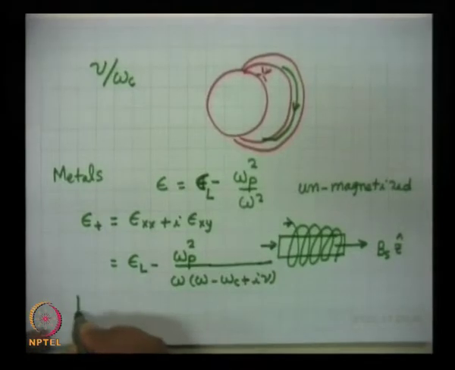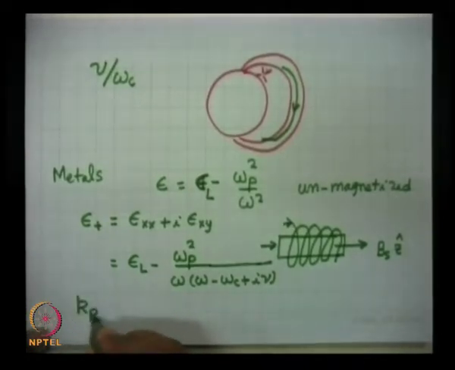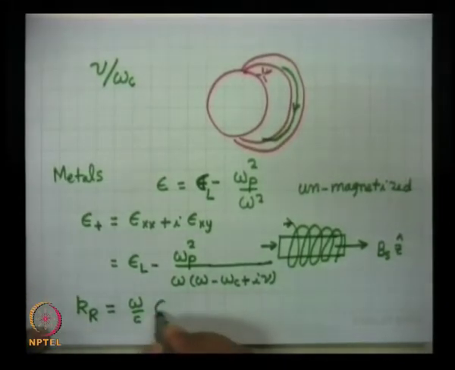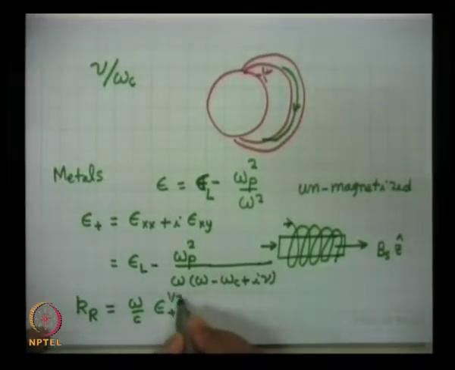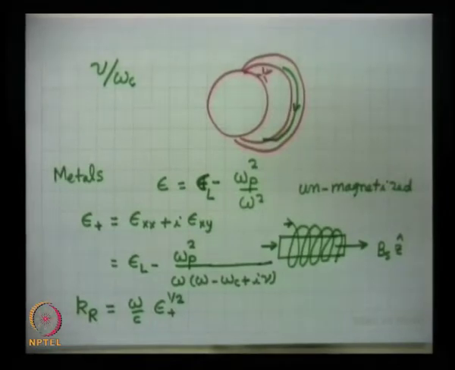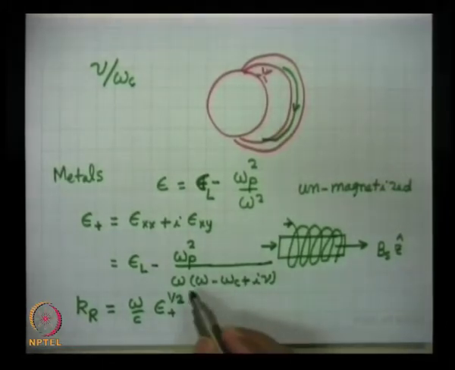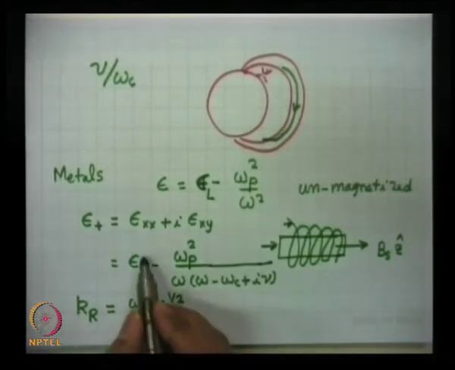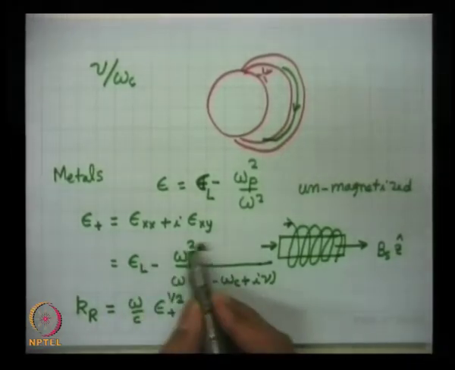So your wave propagation constant for the right circularly polarized wave would be omega by c times epsilon plus to the power half. When you are talking of frequencies much less than omega c and less than omega p, this quantity is really unimportant as compared to this entire term.